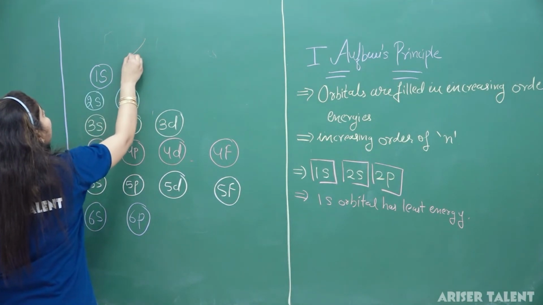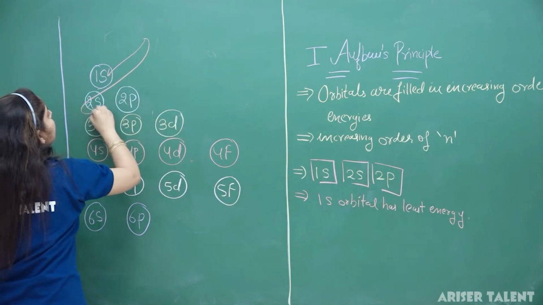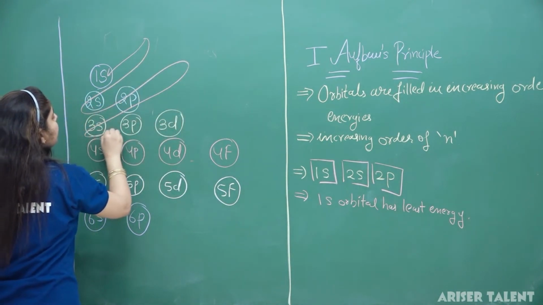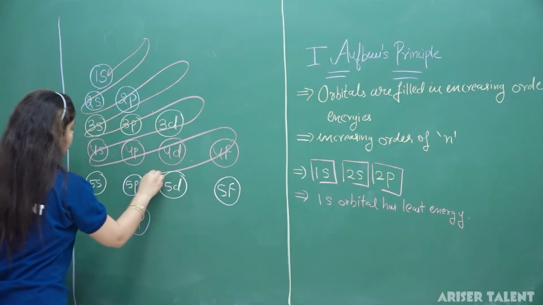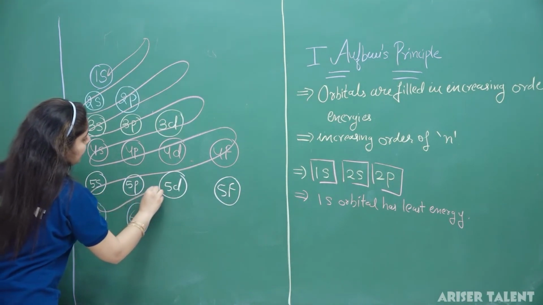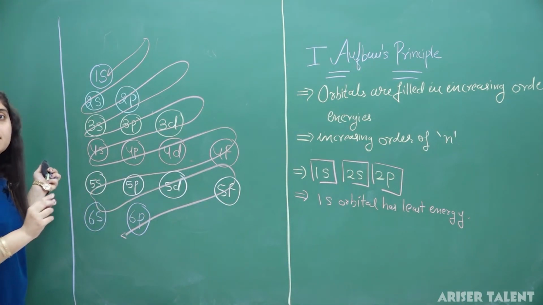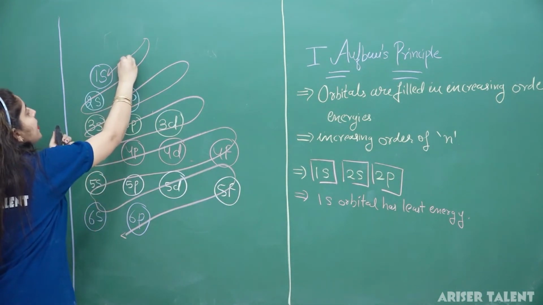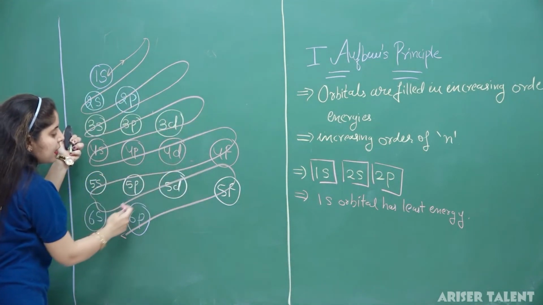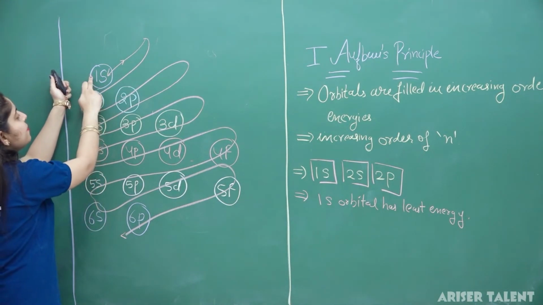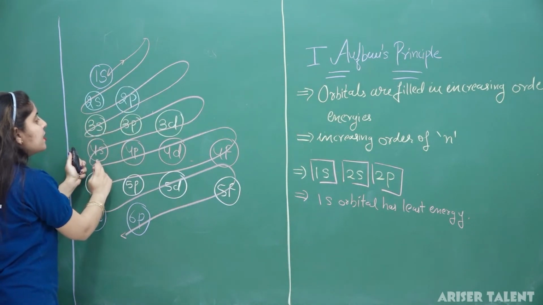The electron will first get filled into the 1s orbital, then 2s, 2p, 3s, 3p, 3d, 4s, 4p, and so on. So the electron will start filling from 1s, and then the orbitals follow the same sequence as shown here: firstly 1s, 2s, 2p, then 3s, 3p, then 4s, then 3d.